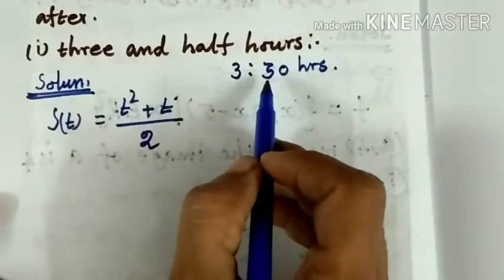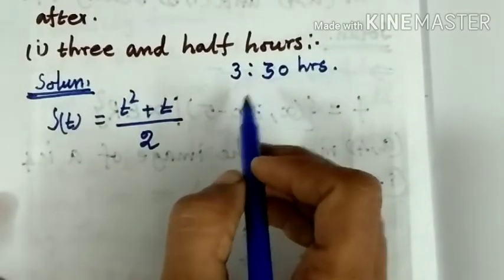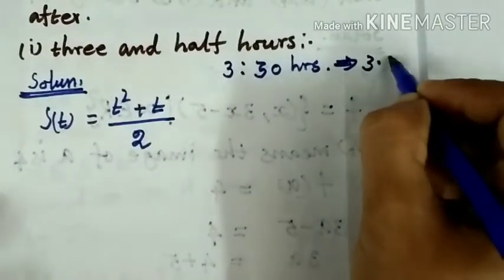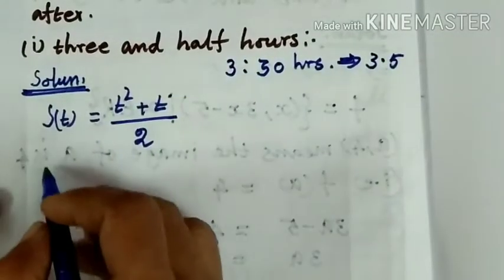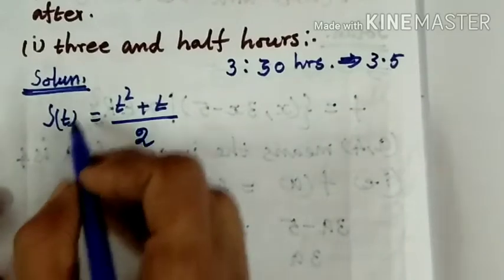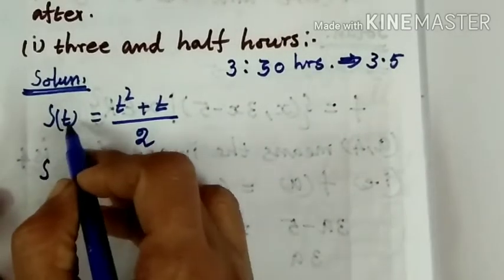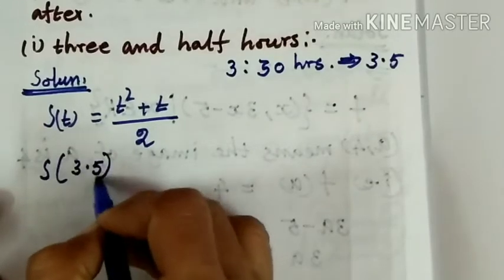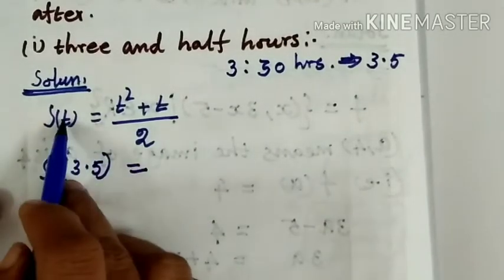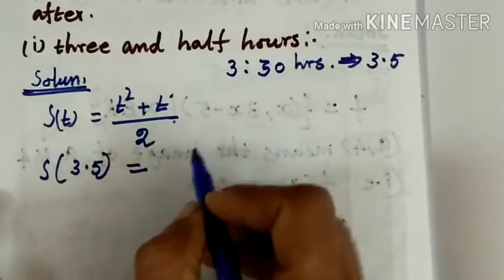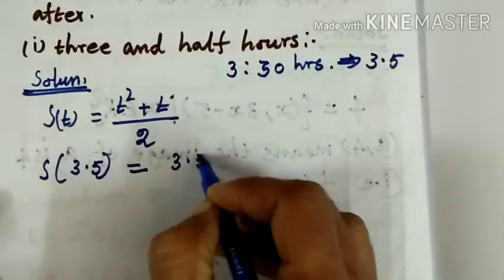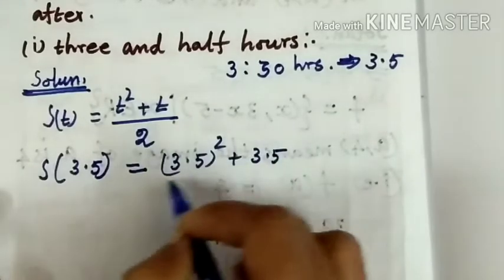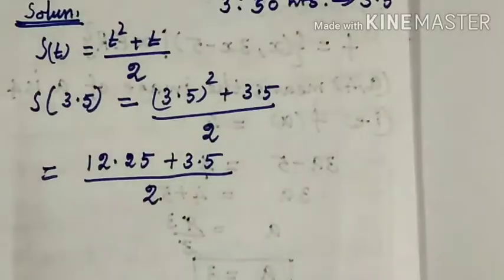It can be written as the decimal 3.5. Therefore, S of 3.5 equal to, instead of t you apply 3.5, that is 3.5 the whole square plus 3.5 by 2.